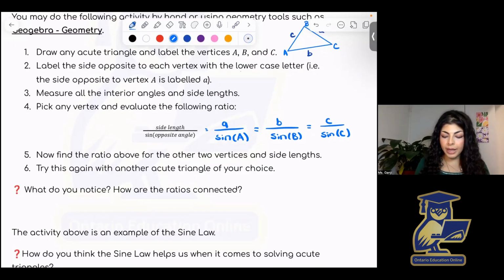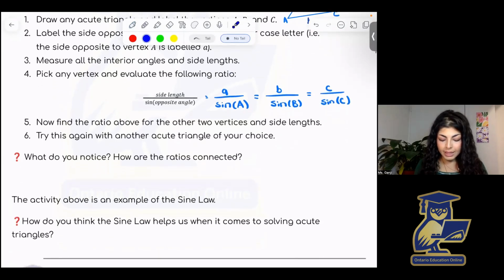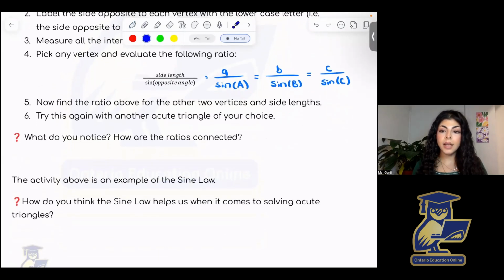So in an acute triangle, the ratio of any side length to the sine of the opposite angle will be the same for all of the side lengths and their opposite angles. And this is actually precisely the sine law, which is helpful when solving acute triangles.